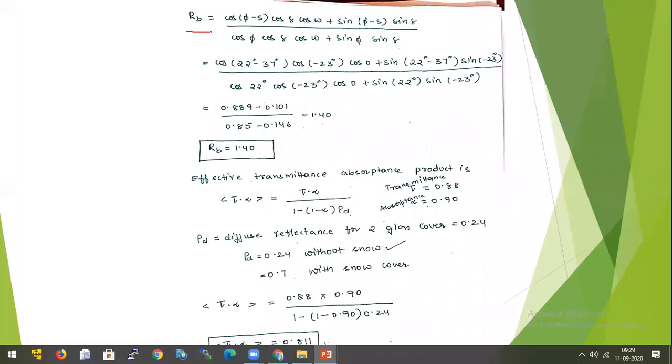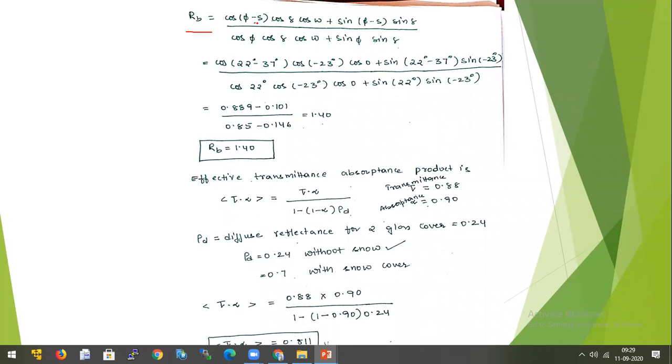Next RB. This RB is equal to, see the formula there, cos of phi minus, yes, phi is already we got the angle 22, S is the slope value. At the latitude 15 we have to write the slope 37, at the latitude 10 we have to write 32. These two latitudes are known and we have to remember those.